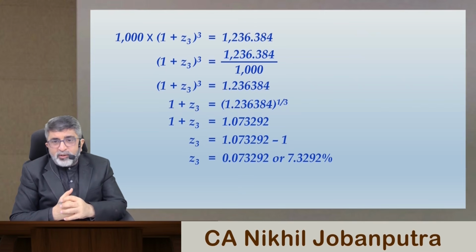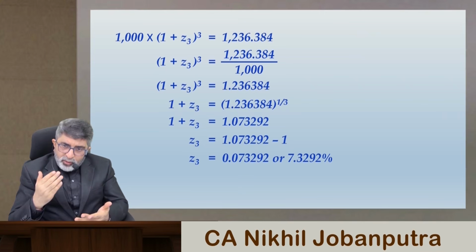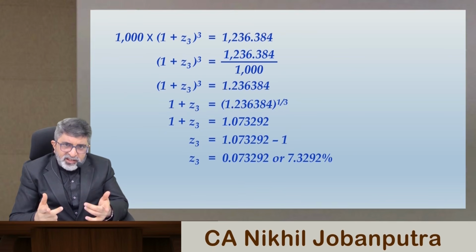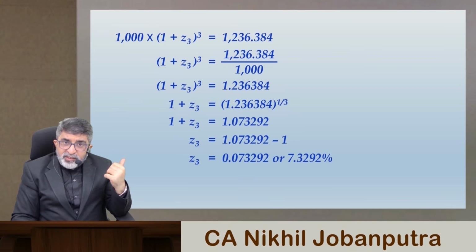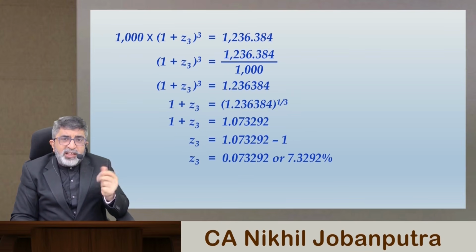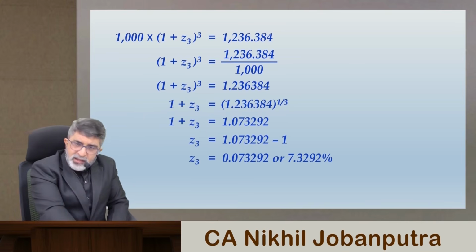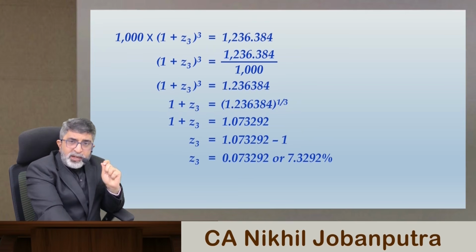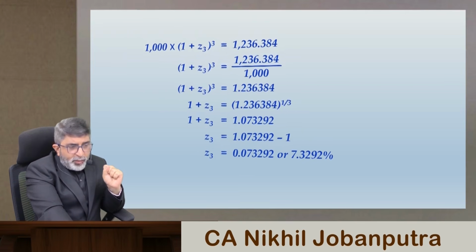That was the case over here, correct? So in this case, if I give you Z1 and Z3, Z1 was 6%, Z3 is 7.3292%. If these two values were given, can you arrive at the forward rate which is going to start after 1 year and for a period of 2 years, that is F1,2.